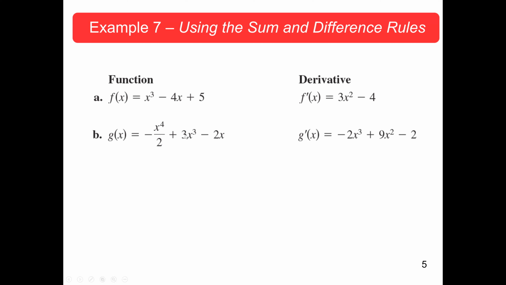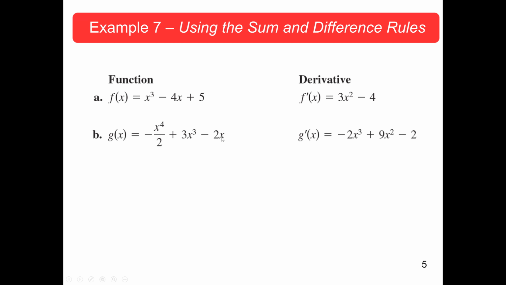Next, we have the derivative of 3x cubed. The 3, we leave it. Again, we use the constant multiple rule, so we leave the constant 3 and find the derivative using the power rule. x cubed will give us 3x squared, so that will give us 9x squared.